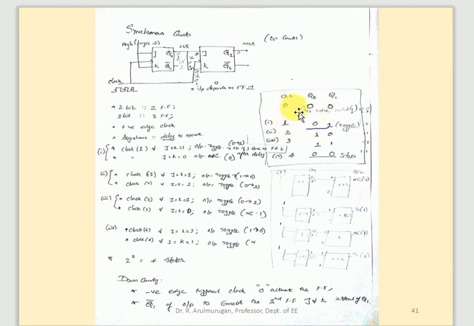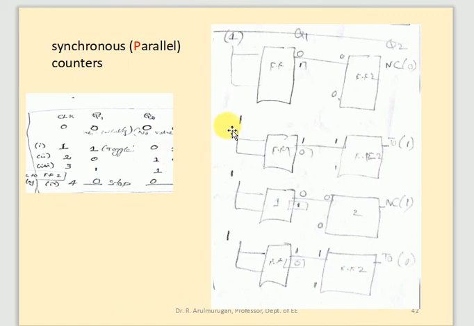When the clock pulse is 0, the output is 0, 0. As the clock values increase, 1, 2, 3, 4, what is the result? You write the result for Q2, and then the result for Q1. Very simple to write.